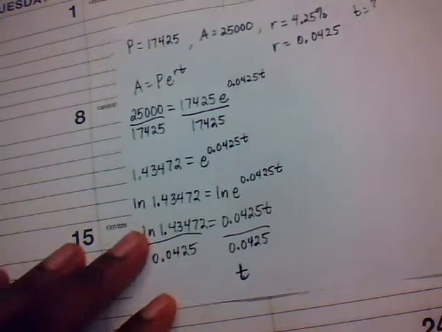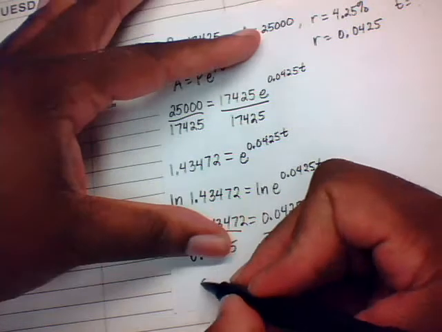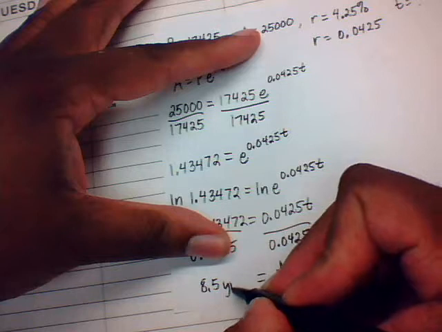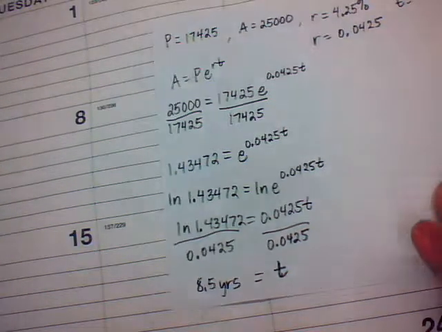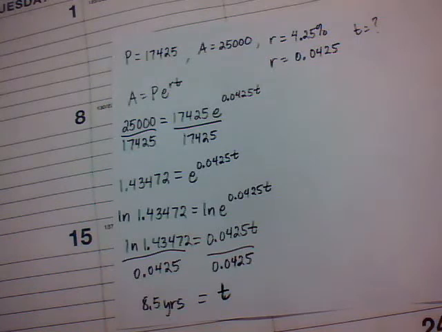So here, the time would be 8.5 years. Which means it's going to take approximately 8.5 years for a $17,425 investment to reach $25,000 at 4.25% annual interest compounded continuously.